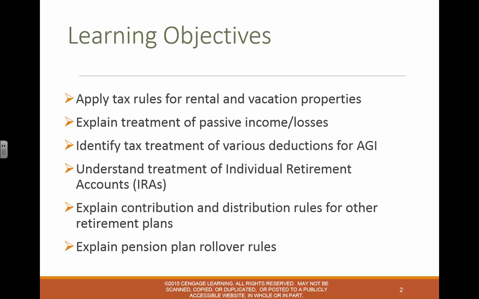We're going to go down the bottom of the front of the 1040, looking at our deductions for AGI in a little bit more detail. We're going to look at different kinds of IRAs, and then IRAs and pensions. So there's a lot of topics in this chapter. Hopefully not too overwhelming. I'll try and flesh everything out.